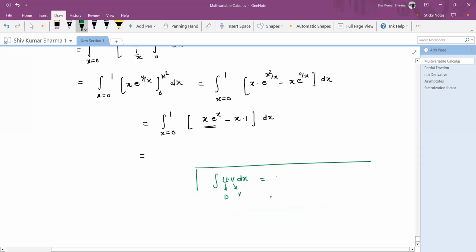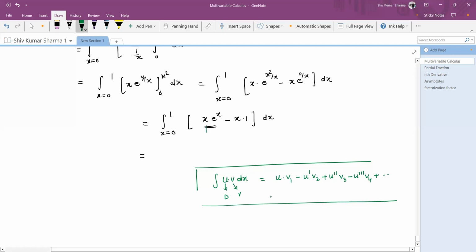We write u into v1, where 1 stands for one integration, minus u dash into v2, two-time integration of v, plus u double dash, two-time differentiation of u, and three-time integration of v, minus u triple dash and v4, and so on.